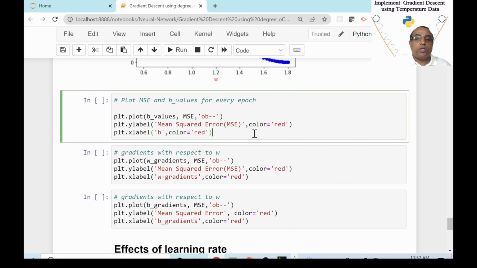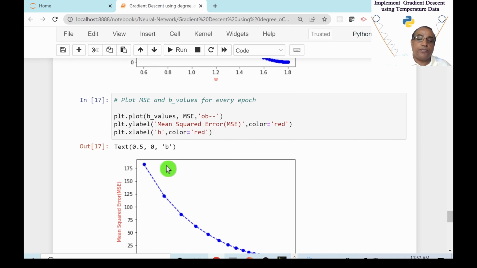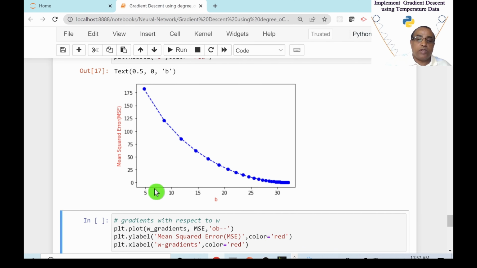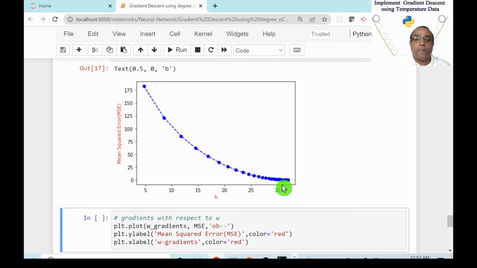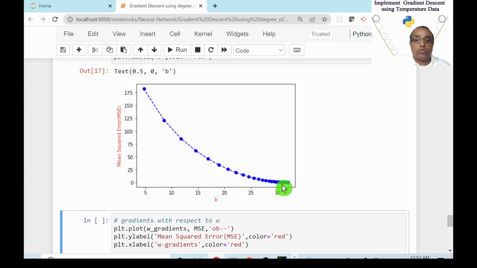If you plot y-intercept values with mean square error, which is a loss, what happens is, as the mean square error gets close to 0, the y-intercept is close to 32, which makes sense because the y-intercept of the line should be 32.